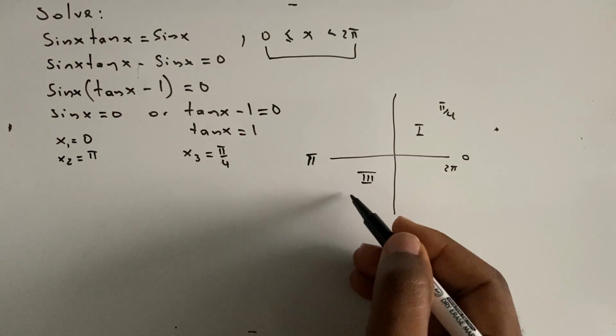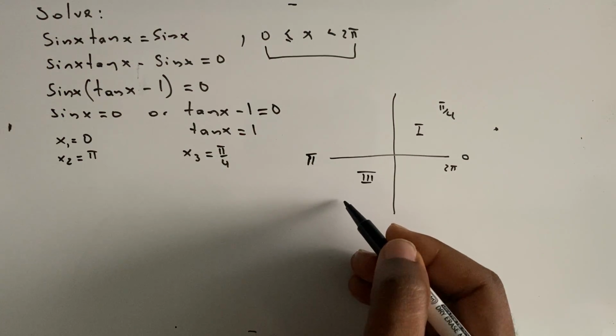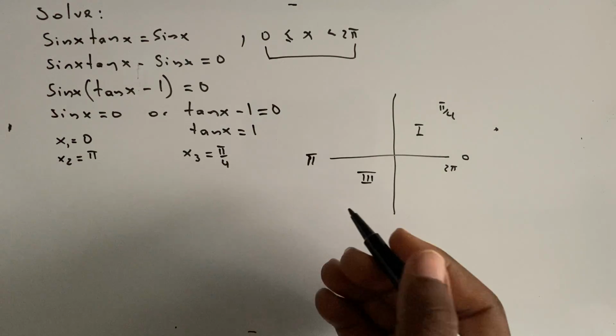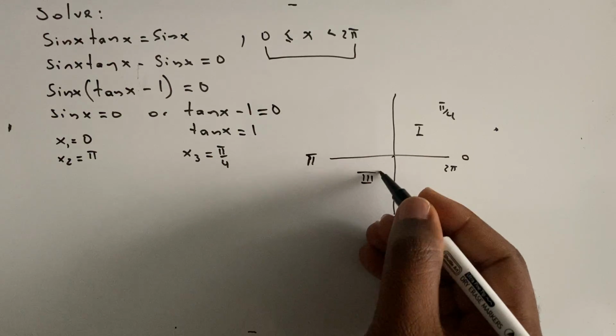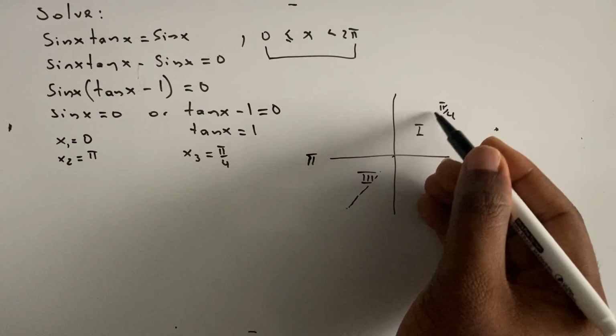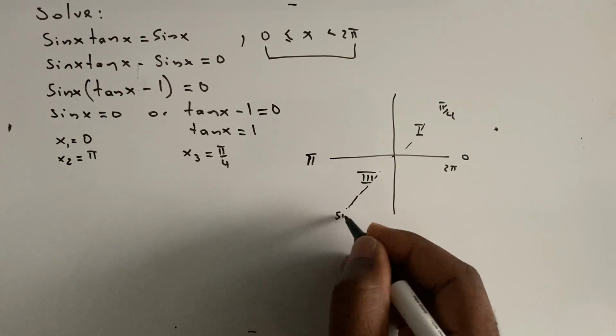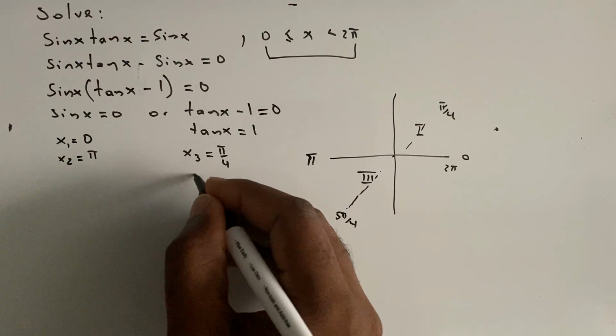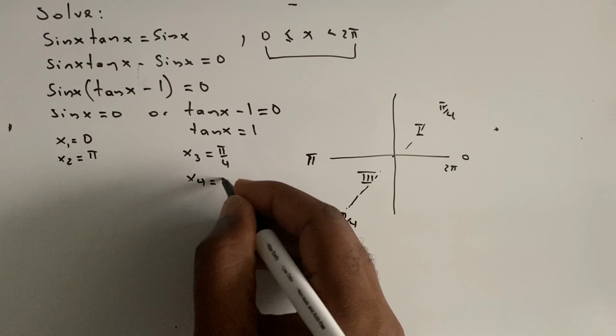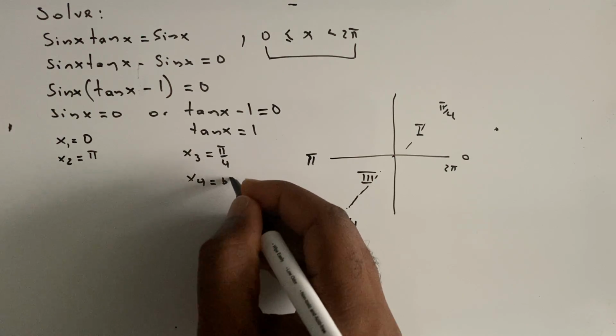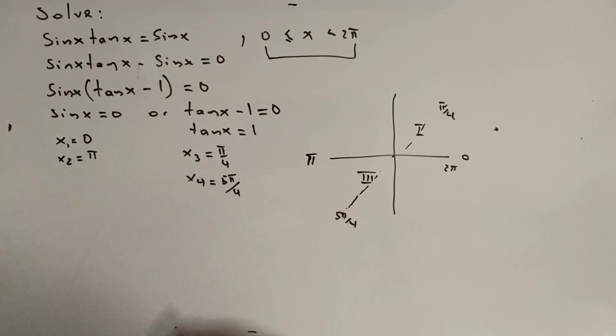Then the other angle whose tangent would be 1 is 5 pi over 4, right here. So it would be exactly here. So pi over 4 and 5 pi over 4. So x4 equals 5 pi over 4, okay? So pi over 4 and 5 pi over 4.